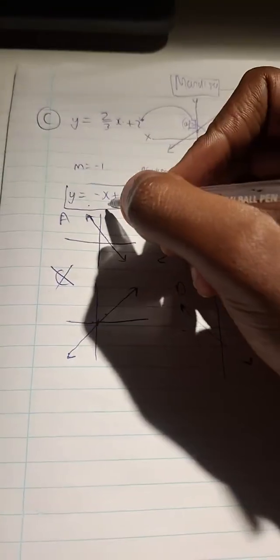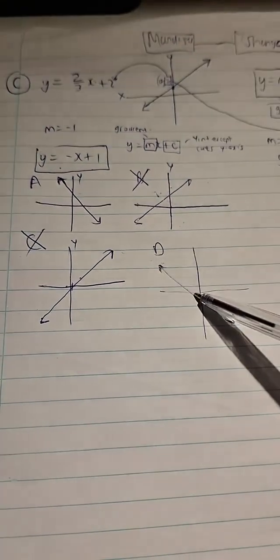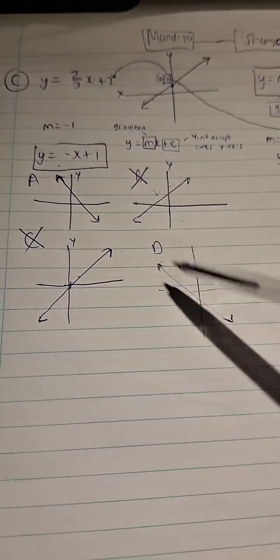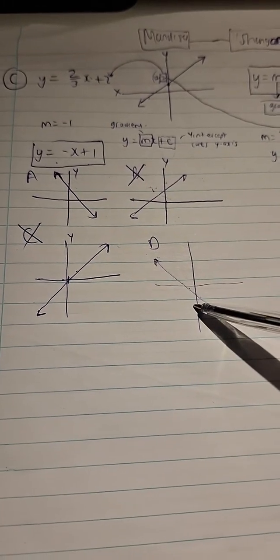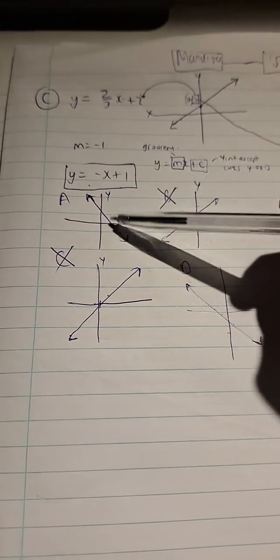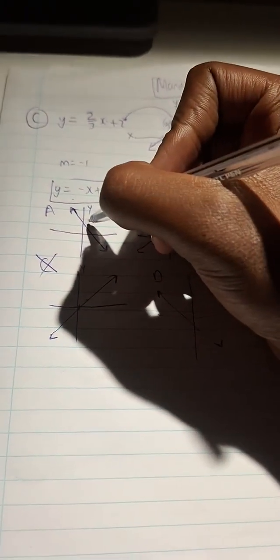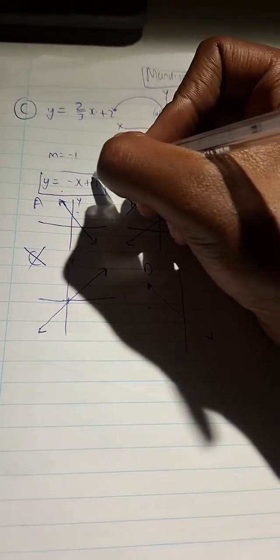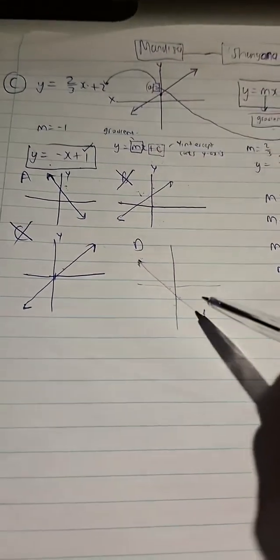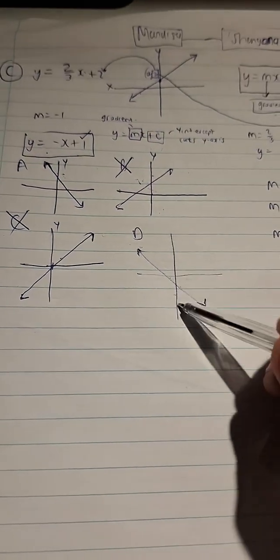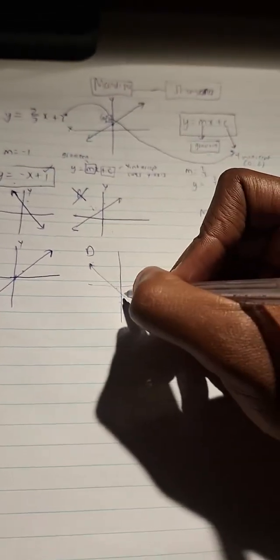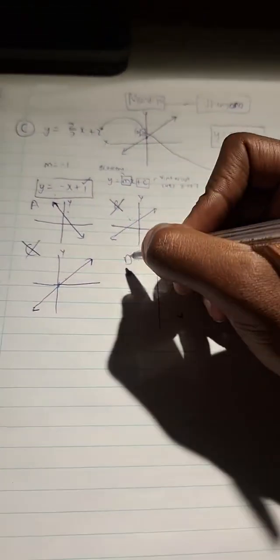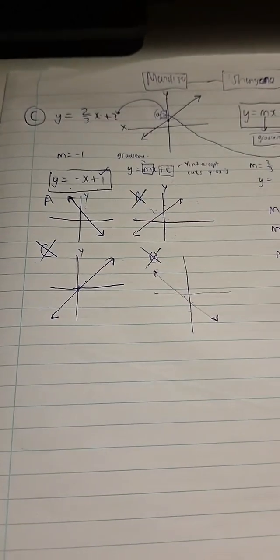Okay, so A and D, if I'm looking at these two options, these are my only viable options now. This line is cutting the y value where y is positive, okay, which seems to align with this. But this line is cutting the y-axis where the y value is negative. So that means D cannot be my option.